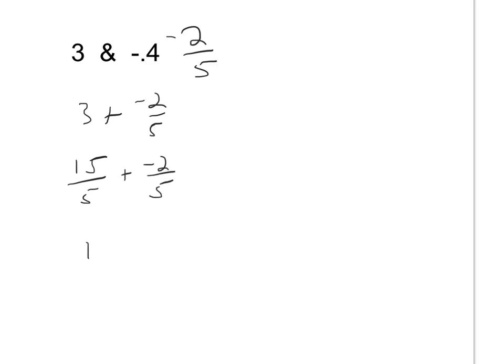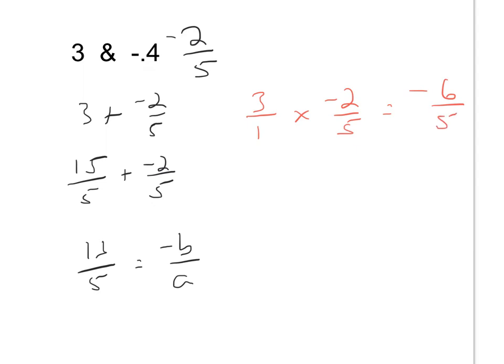That's 13/5. That equals negative b over a. If I multiply these things now, 3 over 1 times negative 2 over 5, I'm going to get negative 6/5, which of course equals c over a.